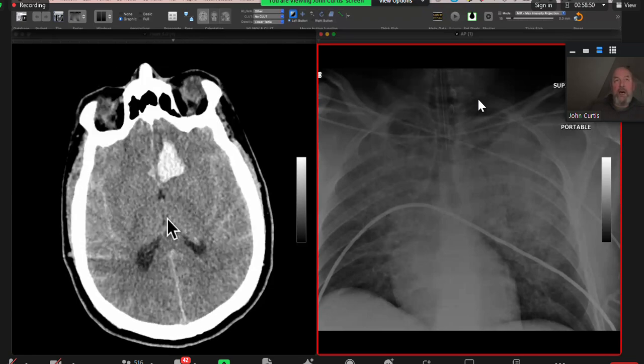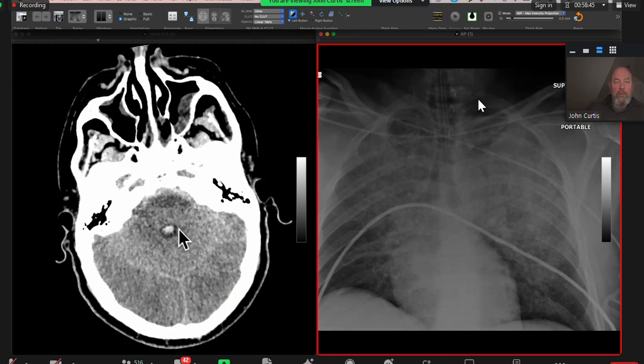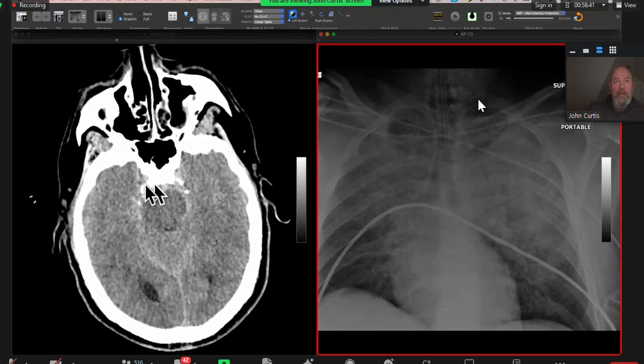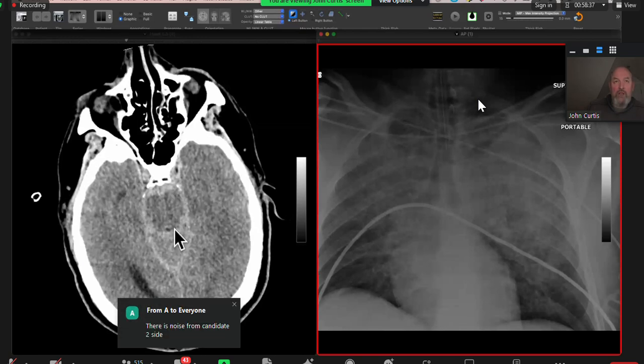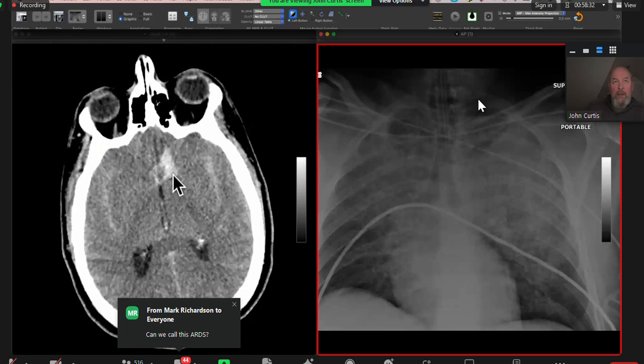And this subarachnoid hemorrhage is spontaneous, not trauma-related. We've got blood in the fourth ventricle, blood in the prepontine, ambient and quadrigeminal cisterns, blood in the Sylvian fissure, and then we've got a hematoma around the anterior cerebral artery.